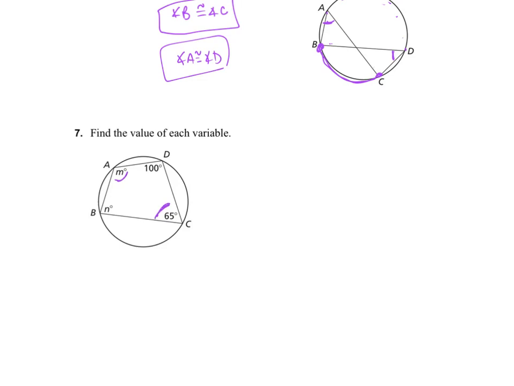And that means m plus 65 will have to be 180, and n plus the 100 would also have to be 180. So that means subtract 65 from each side. M would have to be 115 degrees. And n over here would have to be 80 degrees.